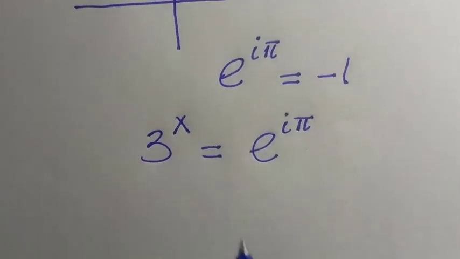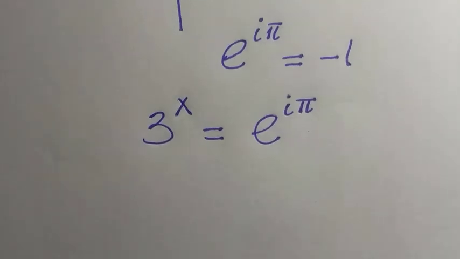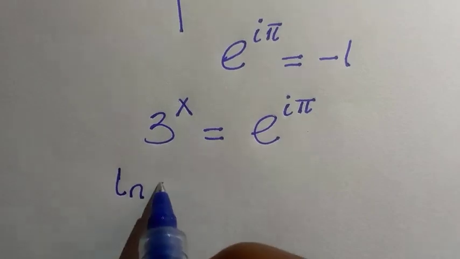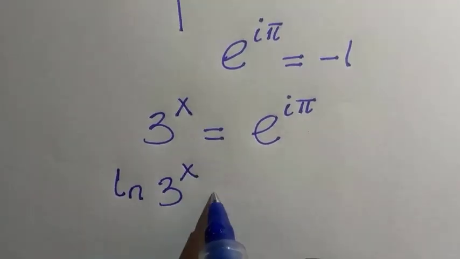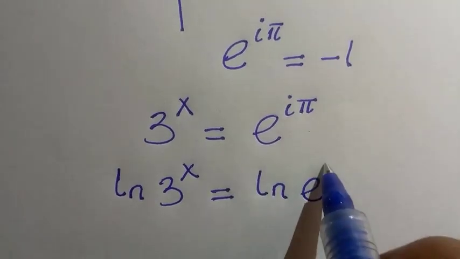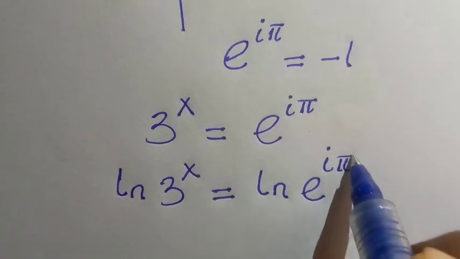And to get the value of x, we are going to introduce natural logarithm to both sides. By doing that, we have ln 3 to the power of x equals ln e raised to the power of i pi.